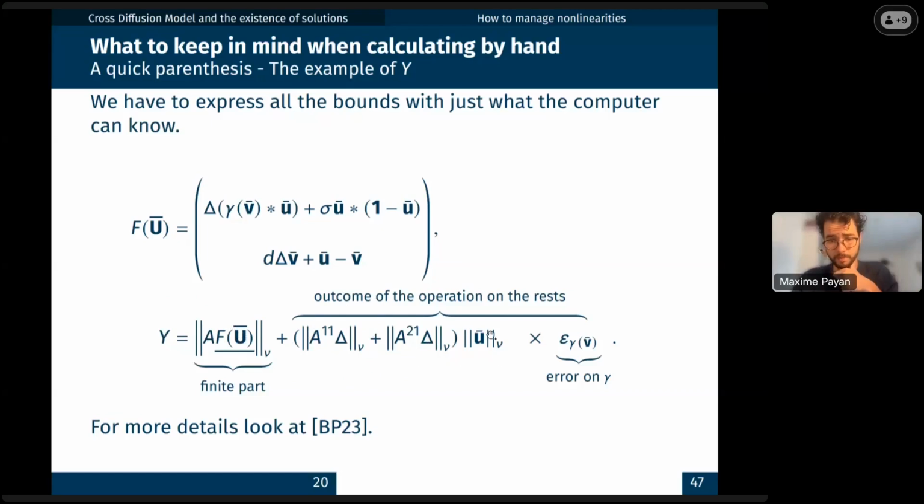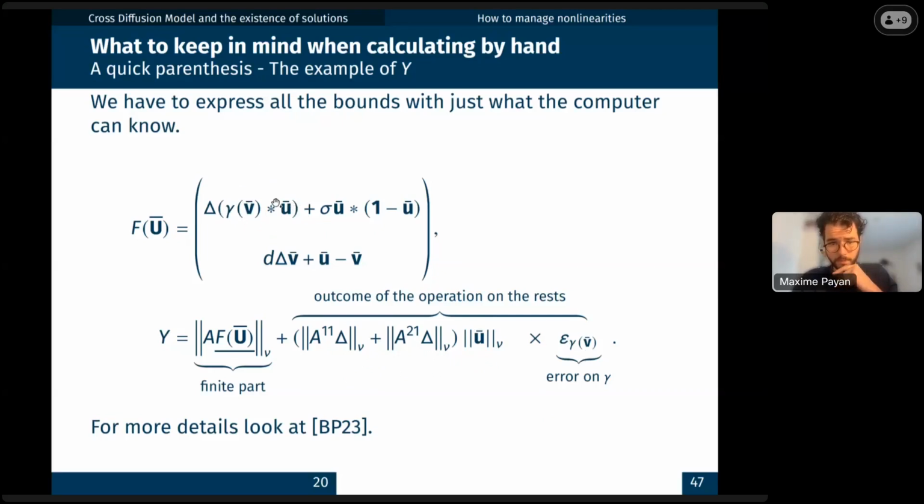by hand. The norm of u bar is completely known. This is a finite vector, and the norm is known. And at the end, there is the error on the motility function we made because of this one.